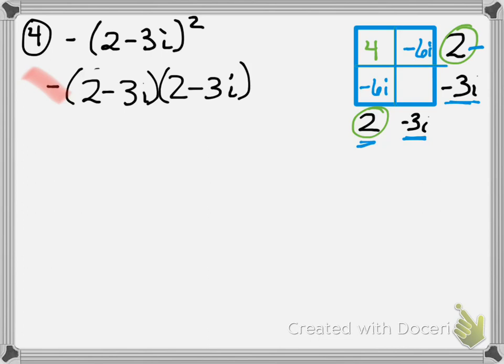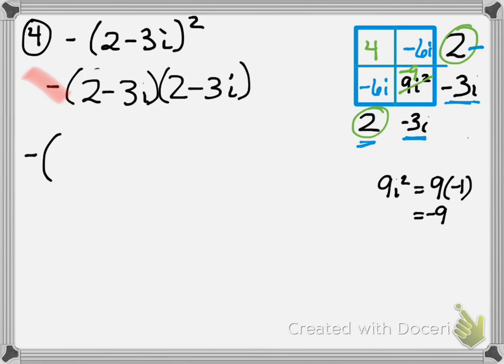Negative 3 times negative 3 is 9. i times i is i squared. You don't have to show this work down here at the bottom every single time. You're going to get to where you know what that process is. So 9 times negative 1, negative 9. So this is negative 9. That negative 1 is just hanging out till we're done.